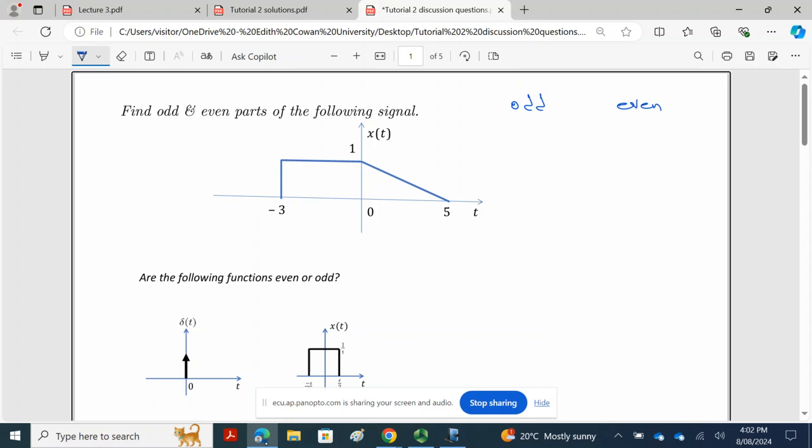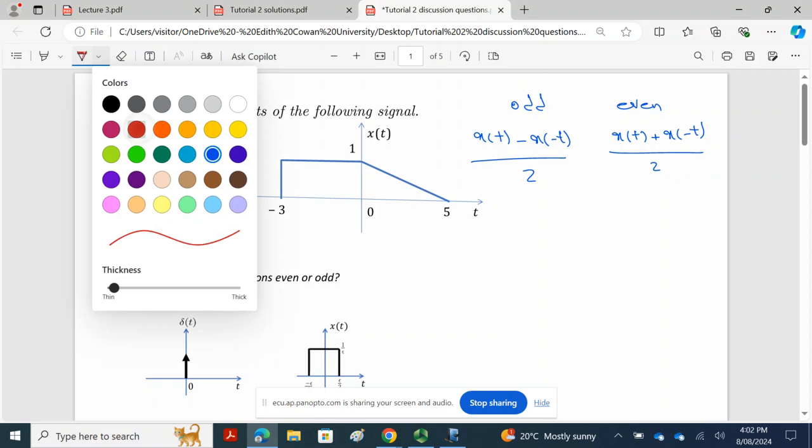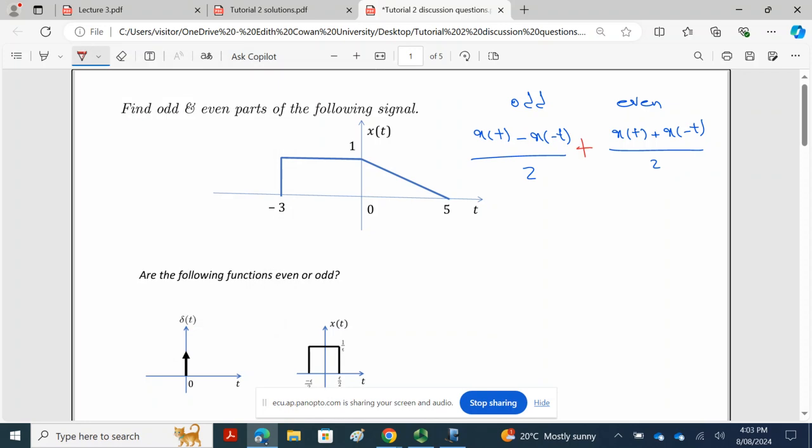The even part was (x(t) + x(-t))/2, right? The odd part was (x(t) - x(-t))/2, right? Now add these together, this cancels this, it will be 2x(t) over 2, which is equal to x(t). So every signal is made of one odd and one even signal. That's the formula.